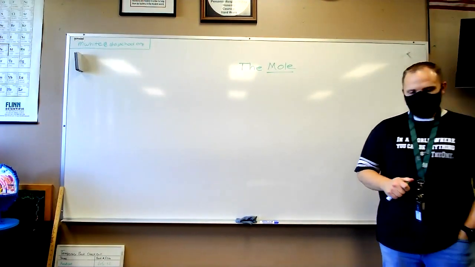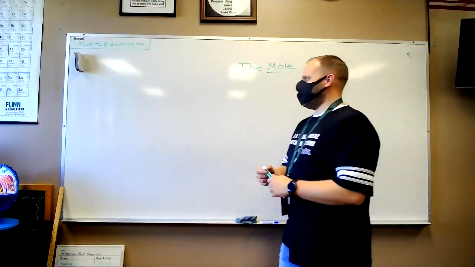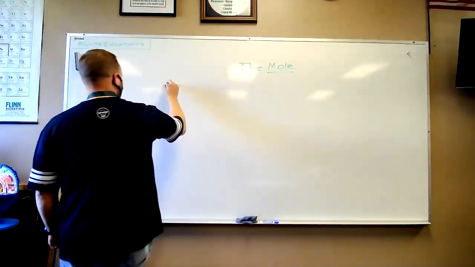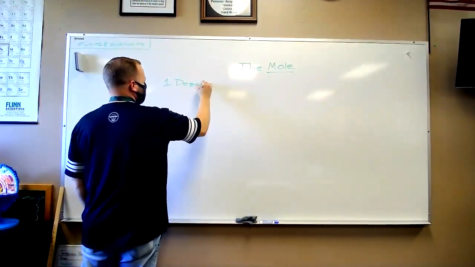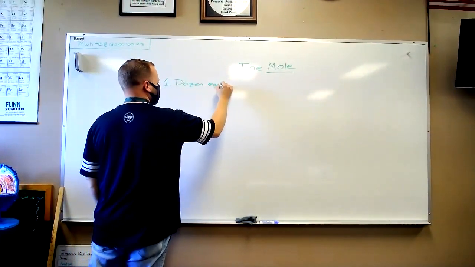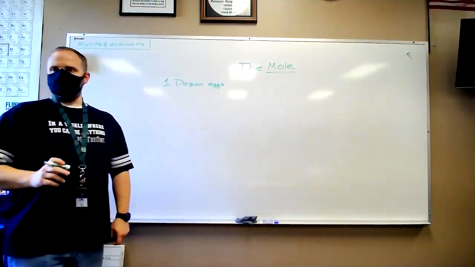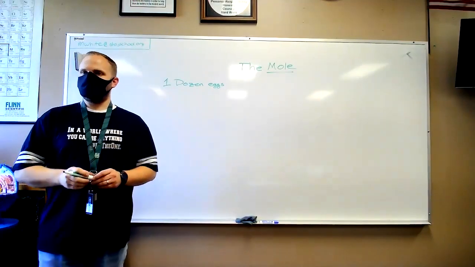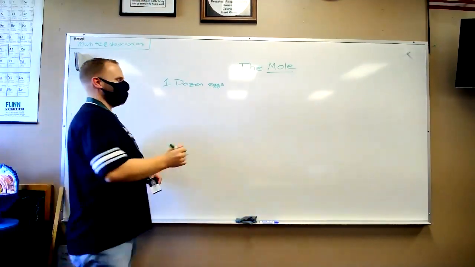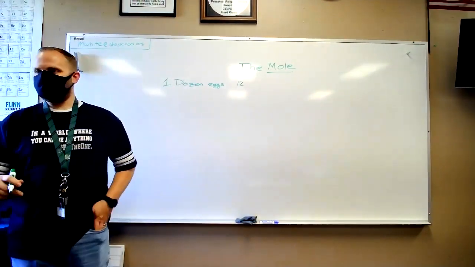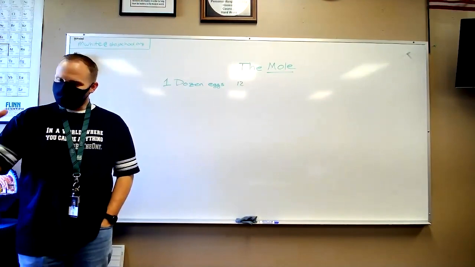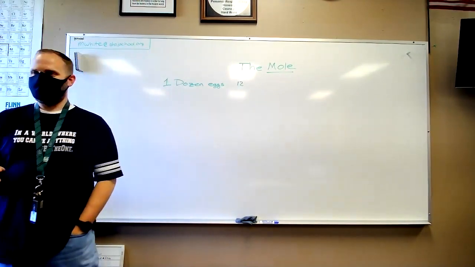Okay? So if you have 1 dozen eggs, how many individual eggs do you have? 12. All right.